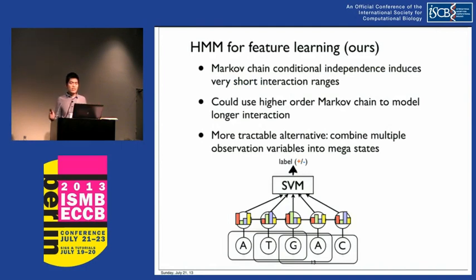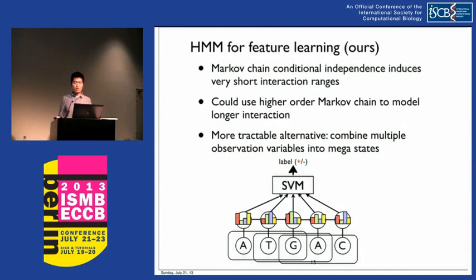The disadvantage with the previous scheme is that the conditional independence of the Markov chain induces very short interaction ranges, which means the transition patterns can only be captured up to 2 or 3 nucleotides. We could use a higher order Markov chain to model longer interactions, but that would be much more computationally expensive.